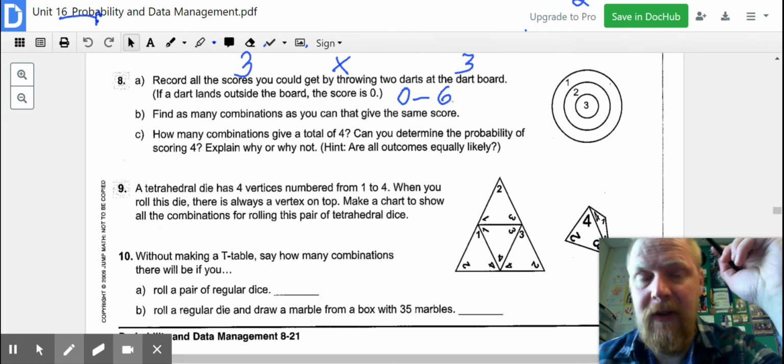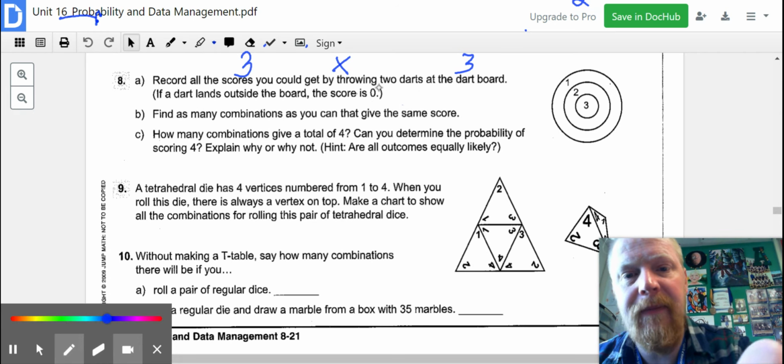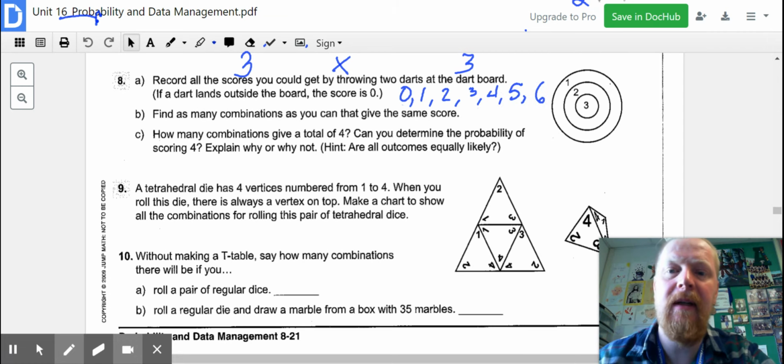I guess I should list them instead of drawing an arrow between. So I'll just erase this here, and I'll list them like they've asked for here. 0, 1, 2, 4, 5, 6. Those are all the different possible scores that I could get.